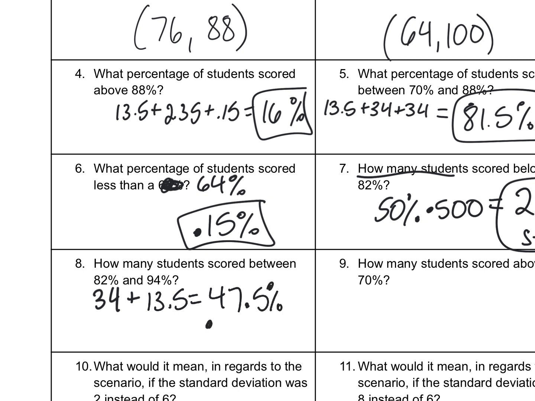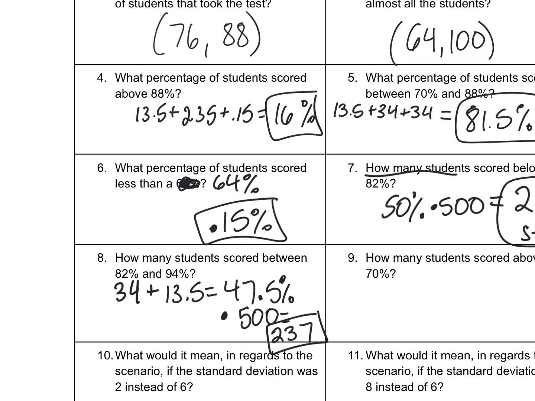And I multiply that by my total, which we said was 500. And then I'm going to get a decimal, right? 237 and some change. But we're talking about students. Can we have point something of a student? No. So that's why we just keep it 237. So 237 students. Any questions on that? So 47.5% times 500 is how we got that.